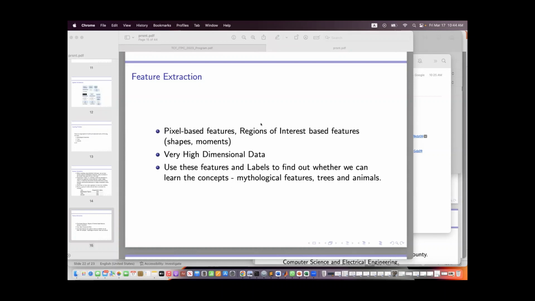So from your panel, we would try and draw a border around, let's say, a tree that existed in our panel, and then extract features from that. This results in very, very high dimensional data. And the use of these features and the labels being the concepts we are trying to learn, is then used to learn whether there exists a mythological figure, a tree, or an animal in our system.